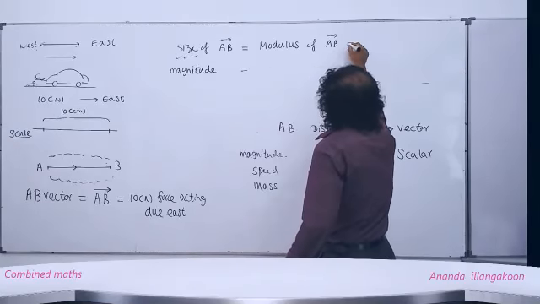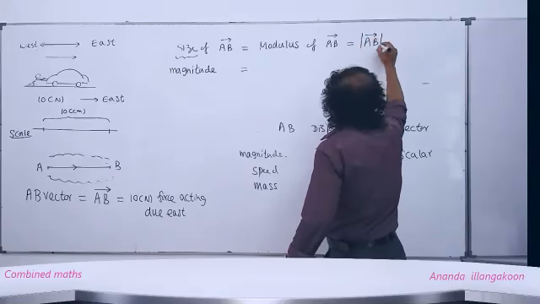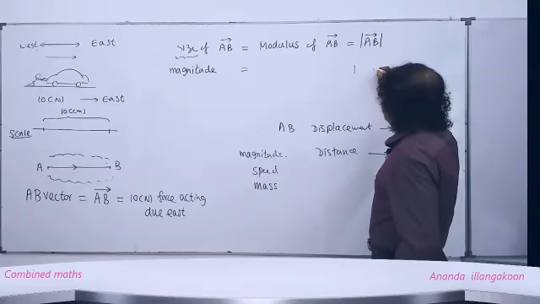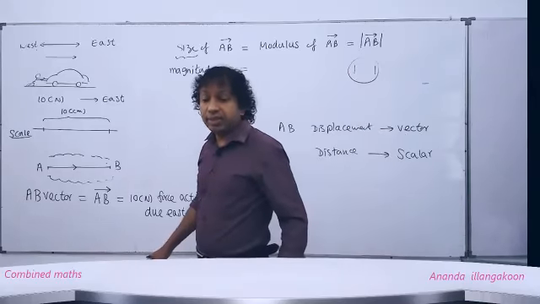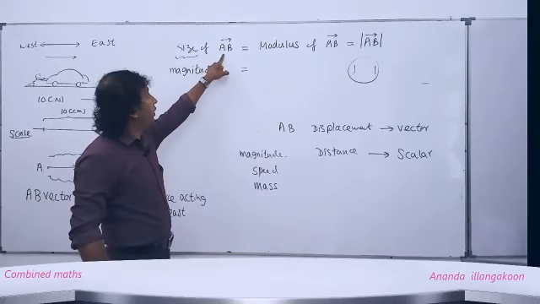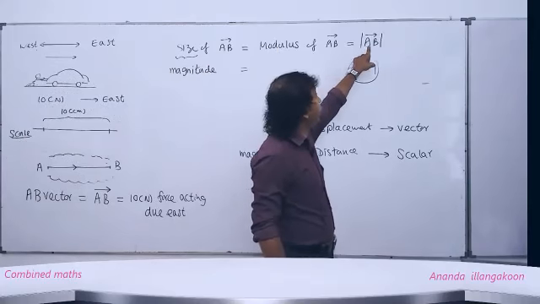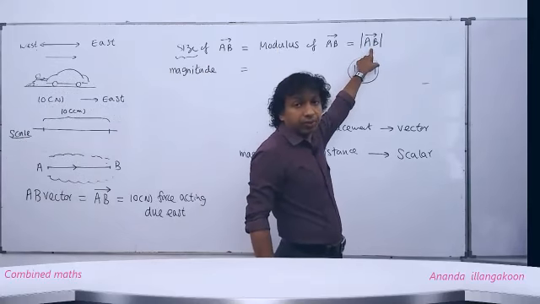We write it like this, AB vector modulus. This is a notation. These two vertical line segments together form another sign called the modulus sign. So the size of vector AB is the modulus of vector AB, and it is denoted by this notation.